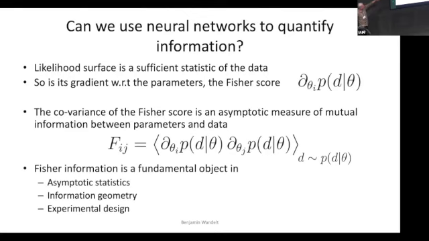The gradient of the likelihood with respect to the parameters is called the Fisher score, and the covariance of that is the Fisher information, which is a fundamental object in asymptotic statistics and information geometry. It's the metric of information geometry, and is used extremely widely, at least in astrophysics, but also in other areas for experimental design and planning, for predicting how much information a proposed observation has about some interesting parameters.